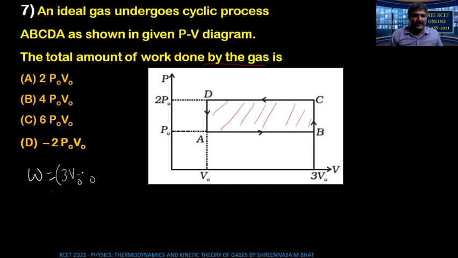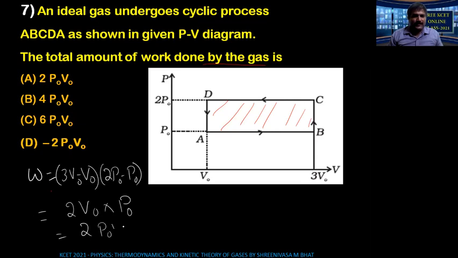As it is a rectangle, (3V0 minus V0) into (2P0 minus P0). So now this is equal to 2V0 into P0, that is equal to 2V0 P0. Okay, so this is the answer.